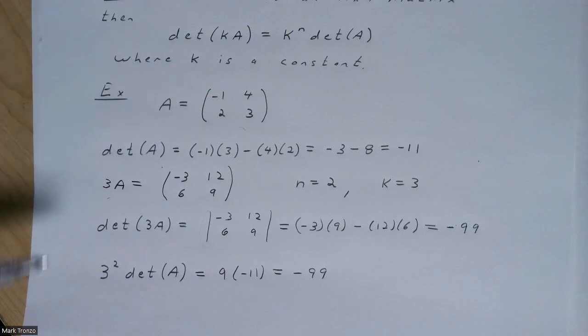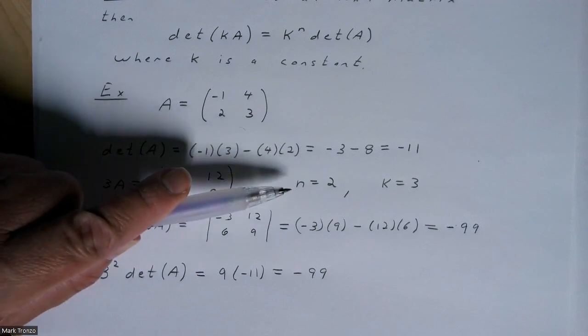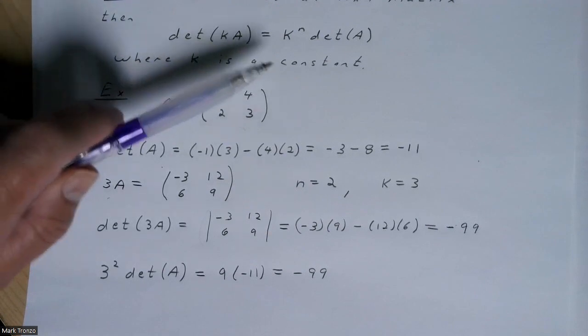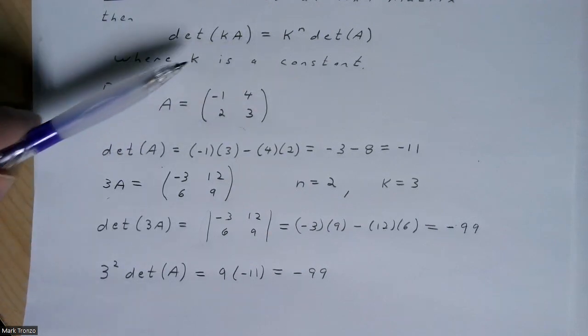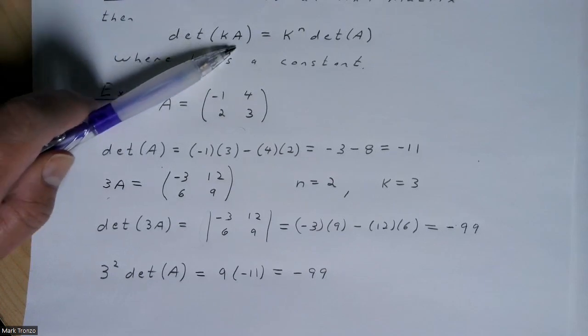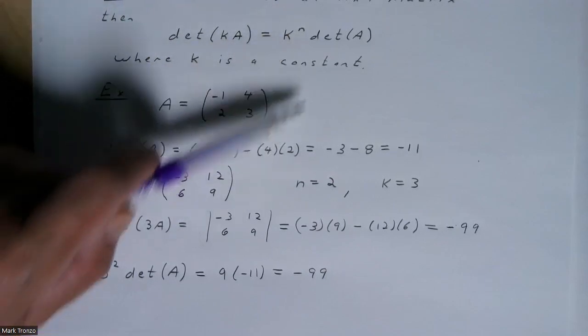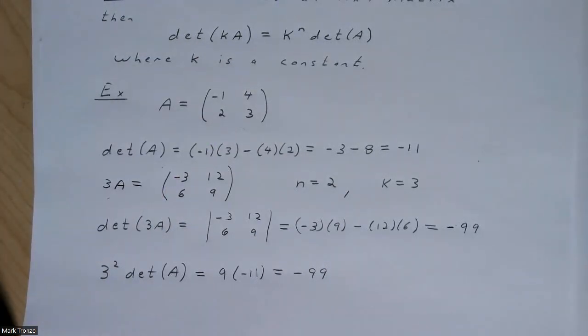So it's always going to be the constant raised to the power, where the power is the dimension of the matrix, like this. And it'll always be the case that the determinant of a constant times A is equal to the constant raised to that power n times the determinant of A. So it's a very important property.